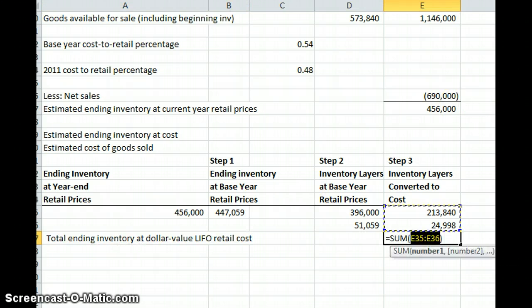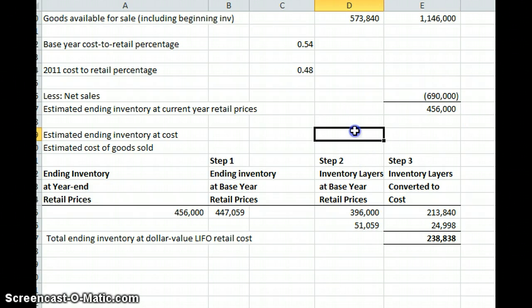We add that up. So this is going to be our total inventory of 238,838. So now we can complete our exercise up top here. Our estimated ending inventory at cost is going to be 238,838.